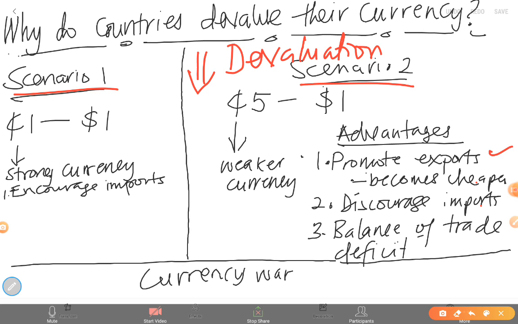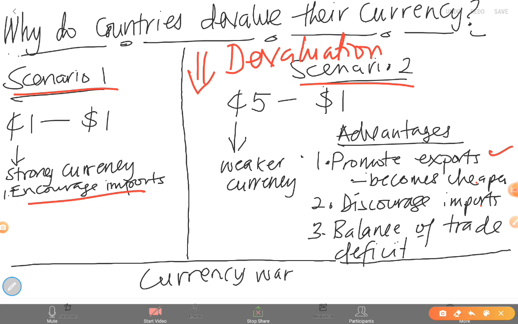So here, it is obvious that the cedi is strong, and for that matter, importers will be empowered to import as much as they can afford.